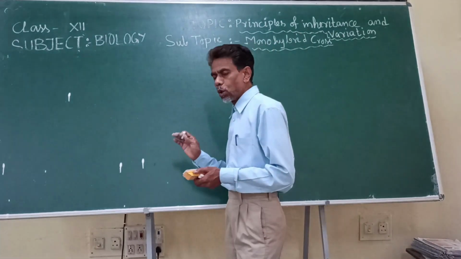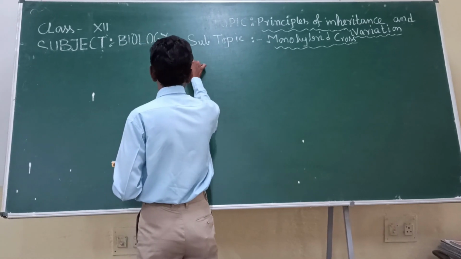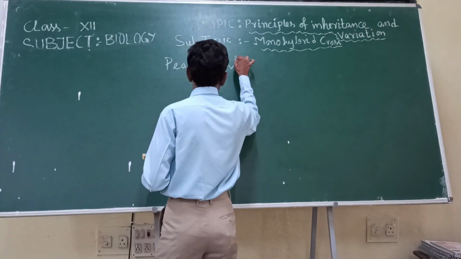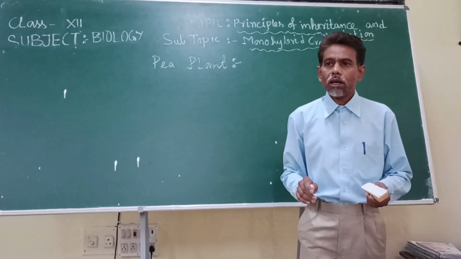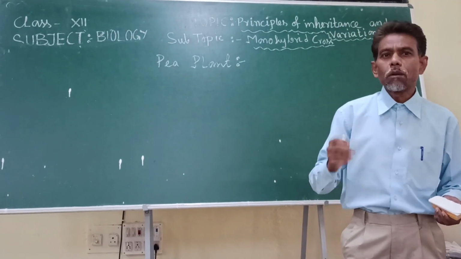Mendel took the garden pea plant for his crossbreeding experiment. Now the question comes, why did he select the pea plant instead of another plant?